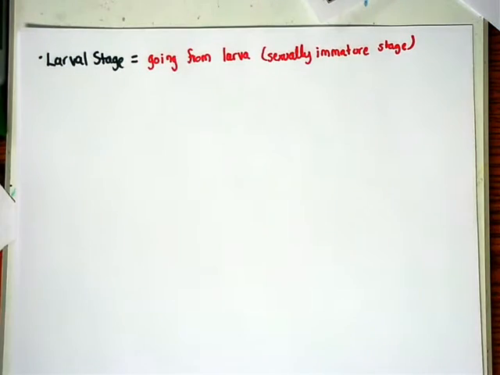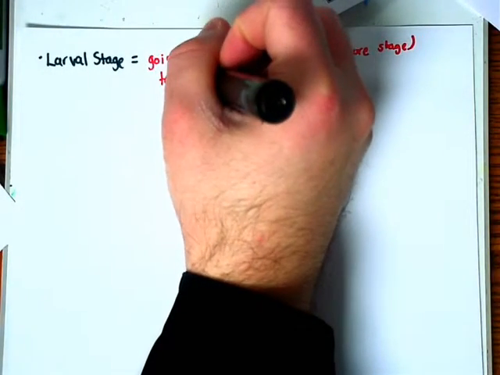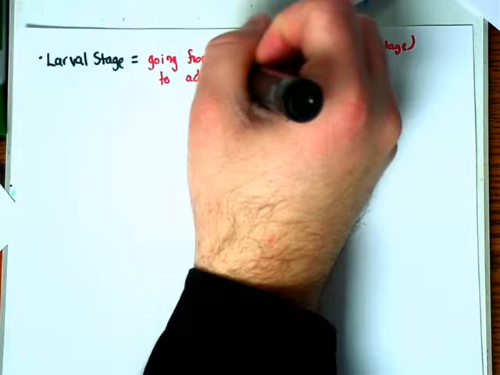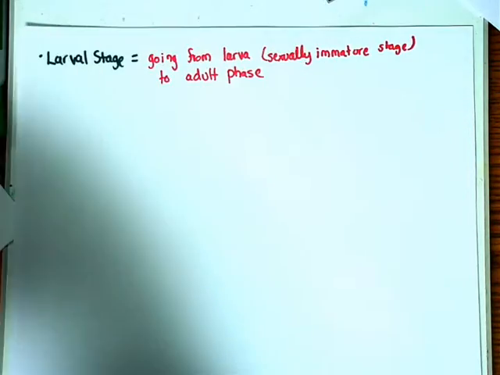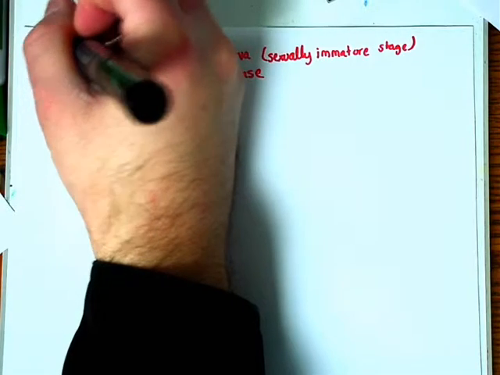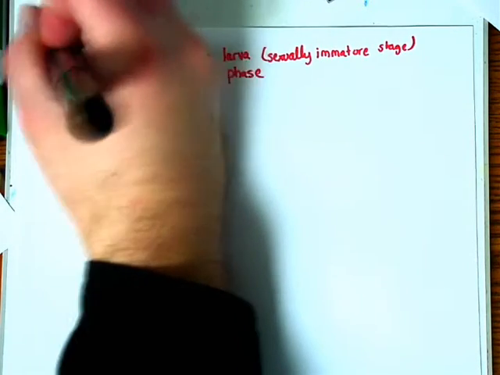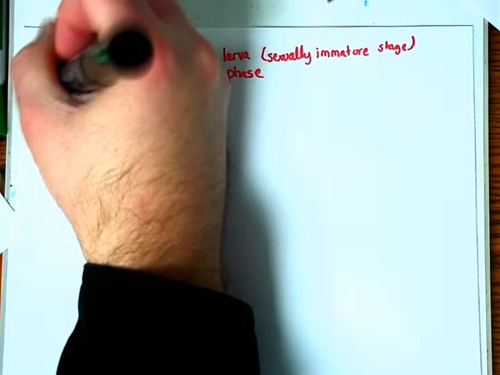I don't know why I wrote equals there, that doesn't really make much sense. Maybe instead of writing larval stage, maybe we should just write metamorphosis, because that's probably better describing this event.